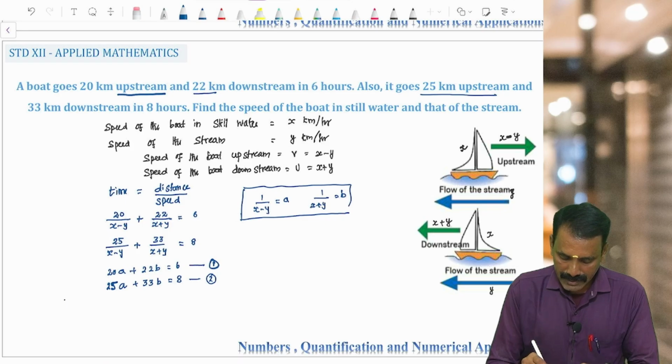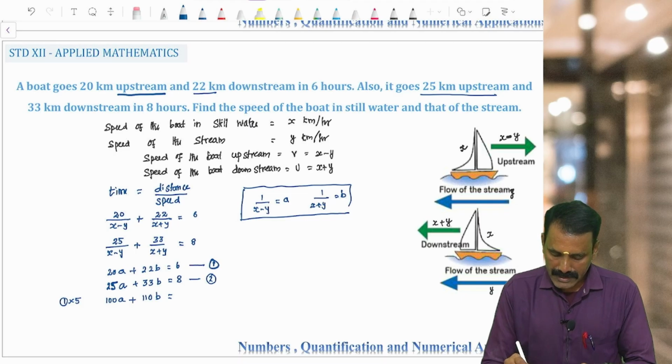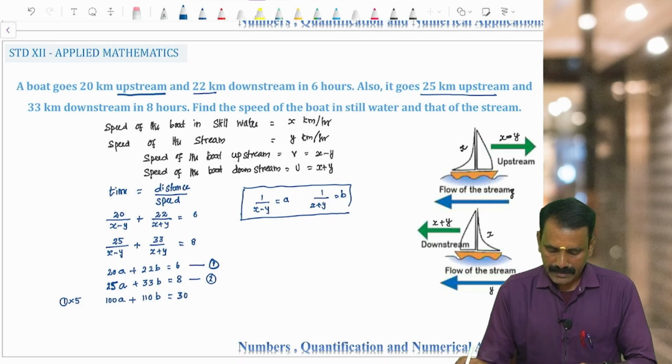So I multiply first equation with the 5. So what happens? 100a plus 110b is equal to 5 into 6, 30.